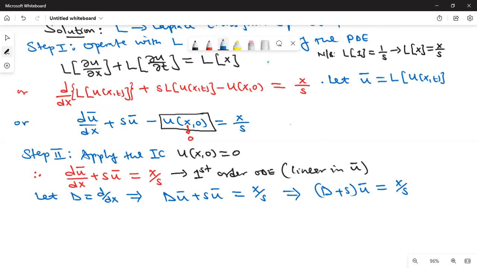This is linear in u bar, and it is non-homogeneous because the right hand side is not equal to 0.